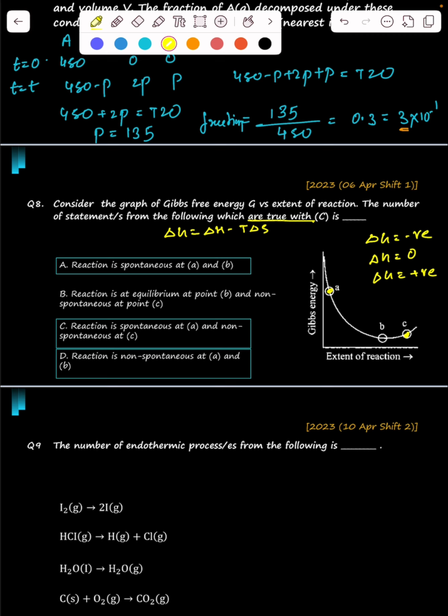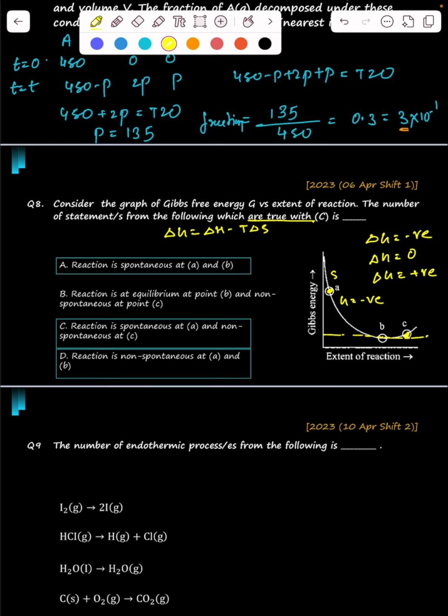So at point A the slope is getting negative. इसका मतलब है G भी कैसा हो रहा है, नेगेटिव हो रहा है, G नेगेटिव है। So hence reaction is spontaneous at point A. बिल्कुल रिएक्शन स्पॉन्टेनियस हो गई है पॉइंट A पर। B पर स्लोप कैसे चल रहा है, the slope is almost parallel, there is no straight line. So at point B slope becomes 0, so means that is the equilibrium condition.